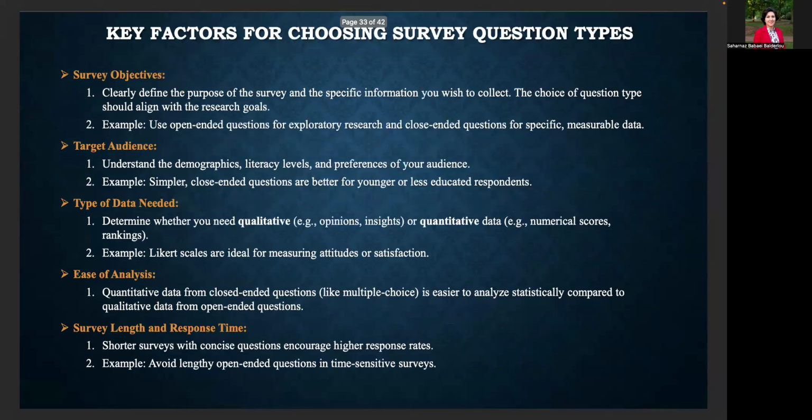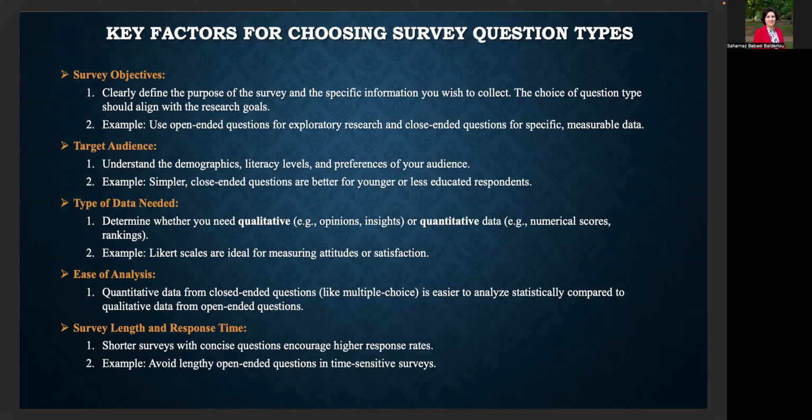cross-language contexts. The slide that you see here reinforces the range of the closed question types that are available, and how each supports different data needs. So we could have survey objectives, target audience, type of data needed, ease of analysis, survey length, and response time.